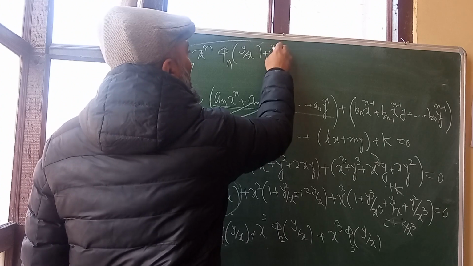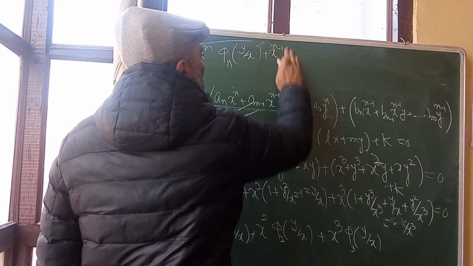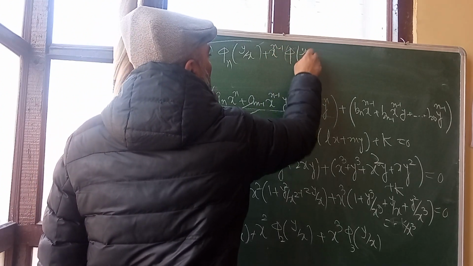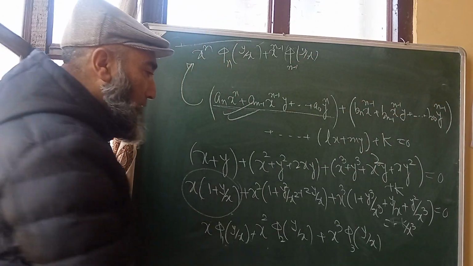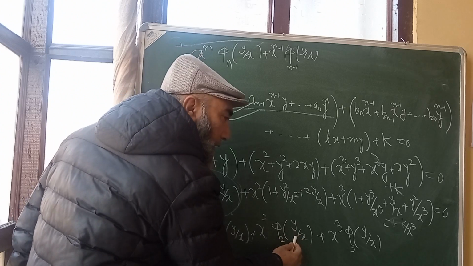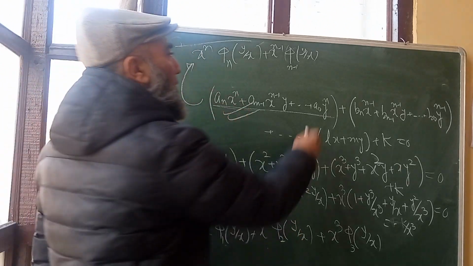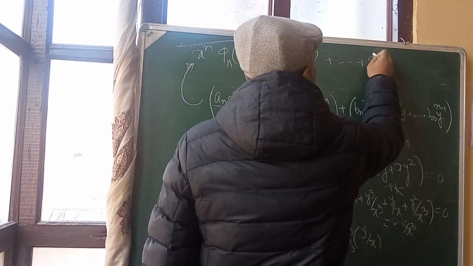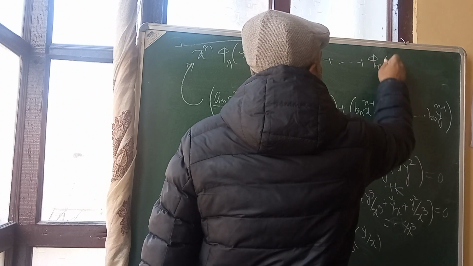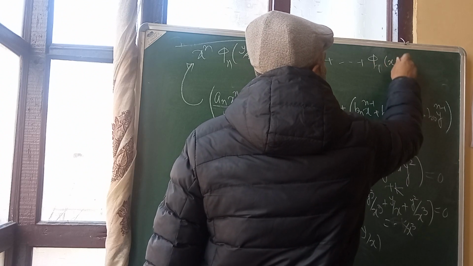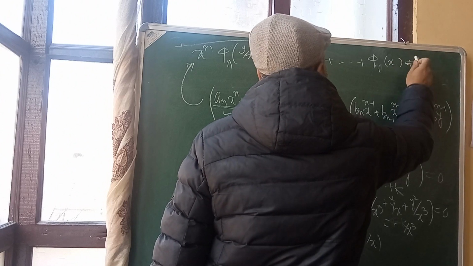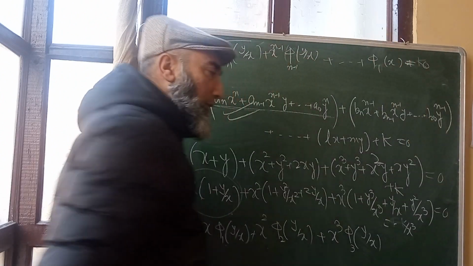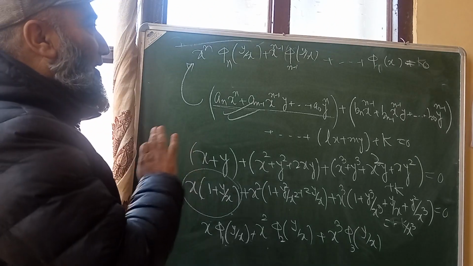Then x raised to power n minus 1, some function of y by x again, but its degree will be n minus 1. This was of degree 3, this of degree 2, this of degree 1, and so on. Finally, you may have a function of degree 1, some constant also, equal to some right hand side, or no constant, equal to 0, it doesn't matter. So we can write in this form.